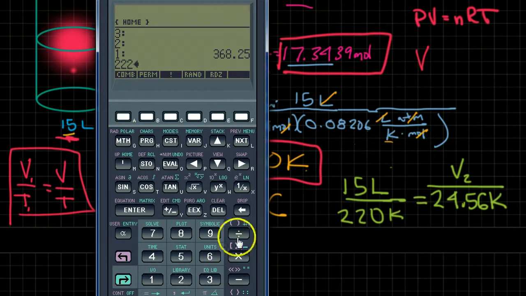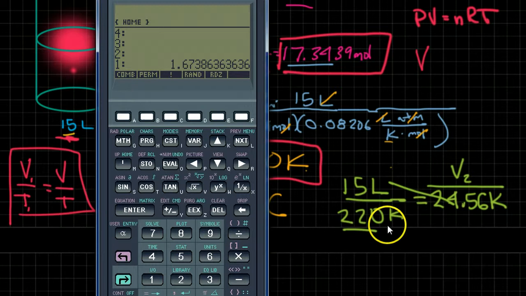Let's just not get confused here. I'm dividing because I cross multiply: this times this divided by this. Okay, wow.